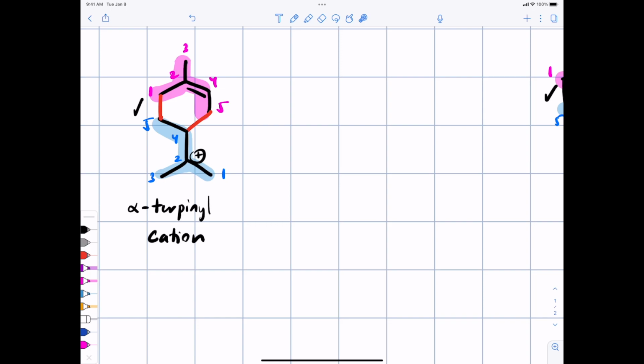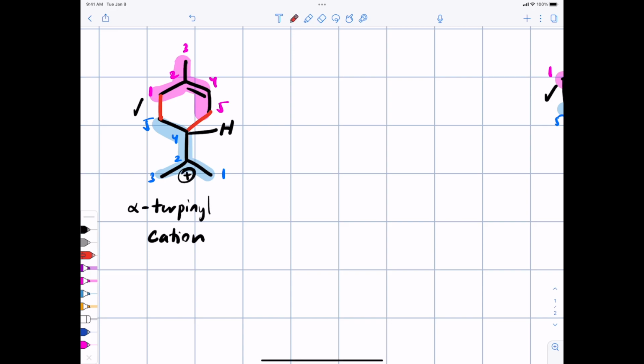So what could I do to get that carbocation in the right place? A carbocation rearrangement, your favorite, right? On that blue 4 carbon, you've got a CH bond that can line up with the empty p orbital on carbon 2, lean over and do a carbocation rearrangement.